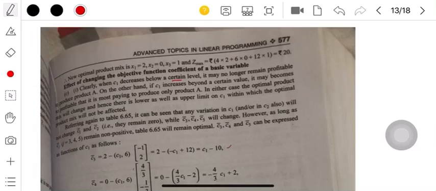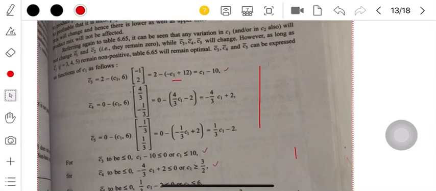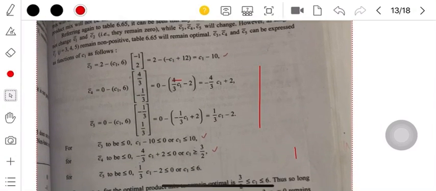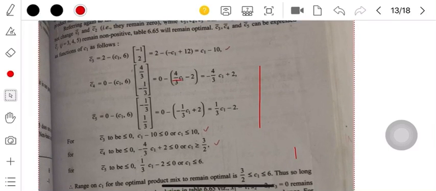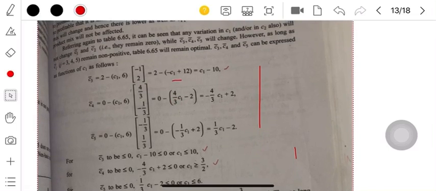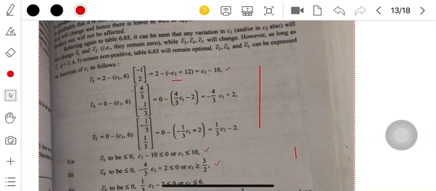So now what we have to do is calculate C3 bar, C4 bar, C5 bar, and these values should be less than or equal to 0 to be optimal, because for C1 and C2 this is the optimal solution.